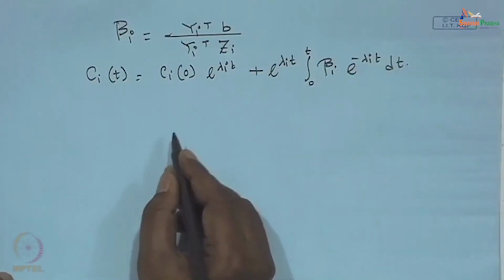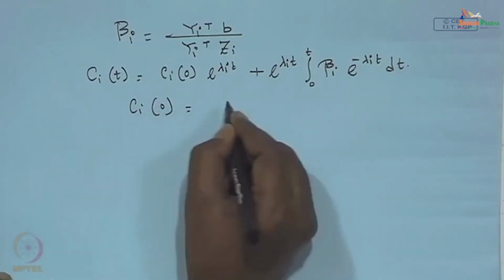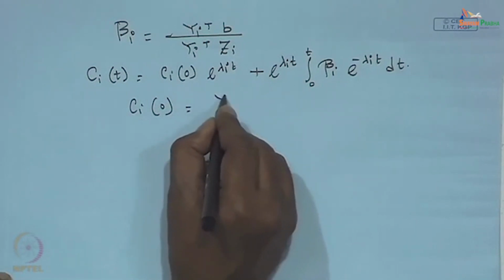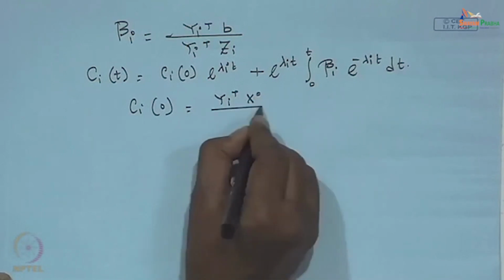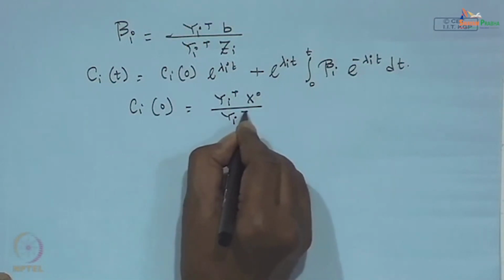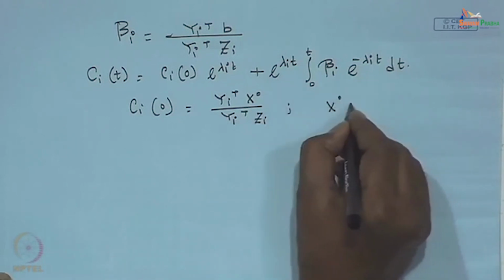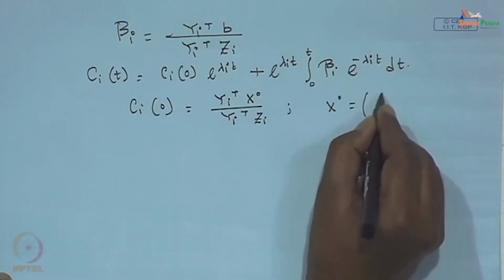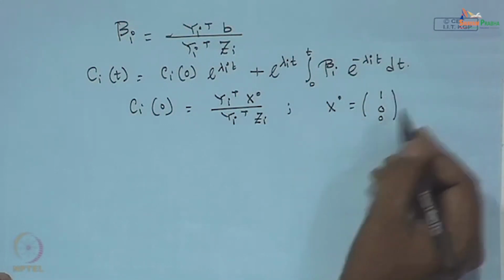The element c_i(0) will be y_i transpose x naught divided by y_i transpose z_i, where x naught is the vector of the initial values C_A f, C_B f and C_C f.